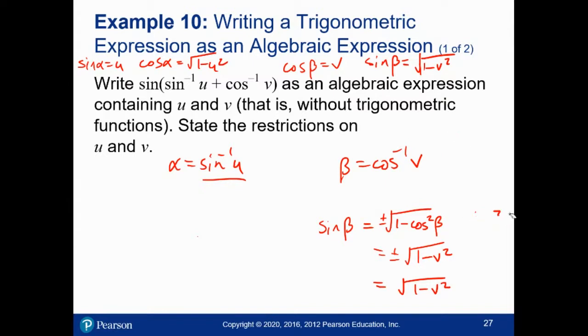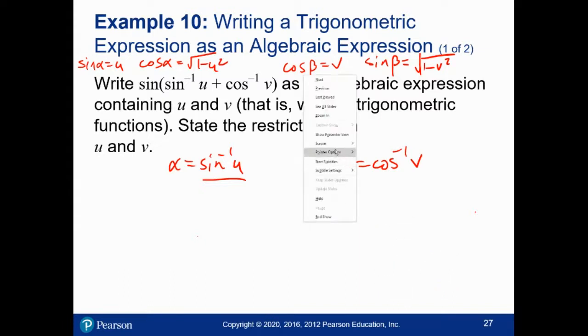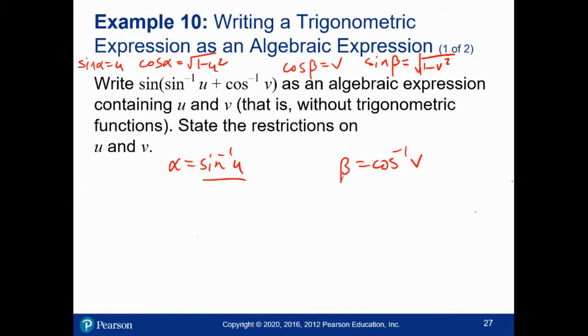Because now what we're going to do is use the sum formula for sine by plugging in these alphas and betas. So what we need to simplify in this problem is the sine of arc sine of u, that's alpha, plus arc cos of v, that's beta. Hey, that's a sum formula for sine. So this is sine alpha cos beta plus cos alpha sine beta.